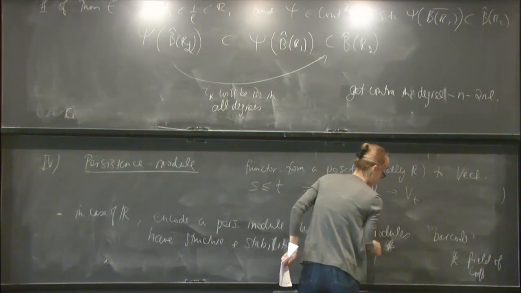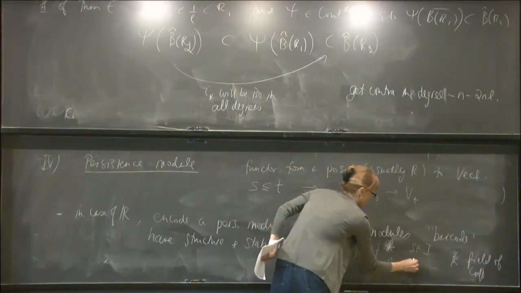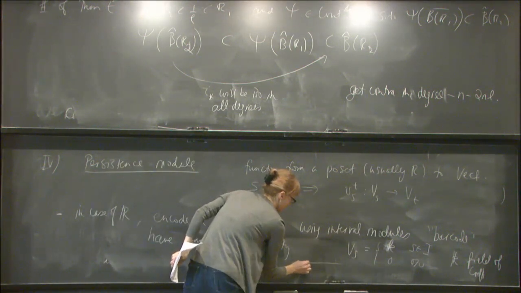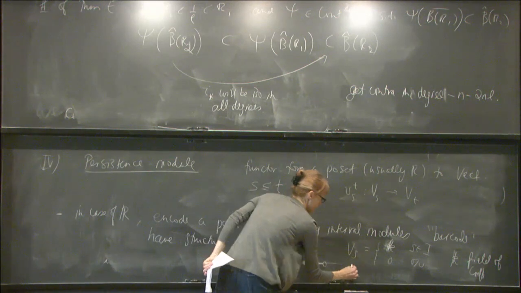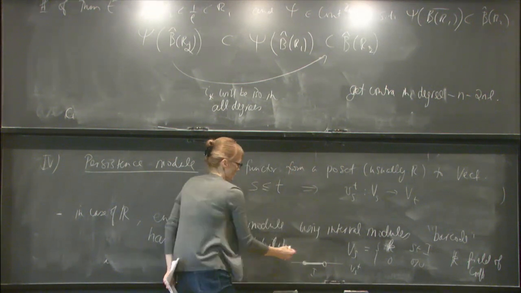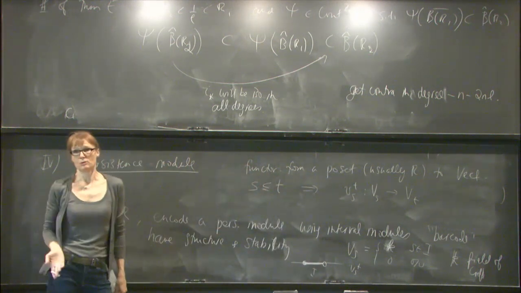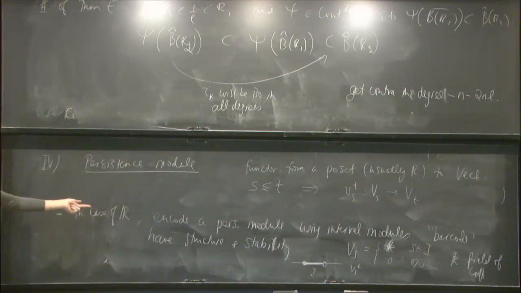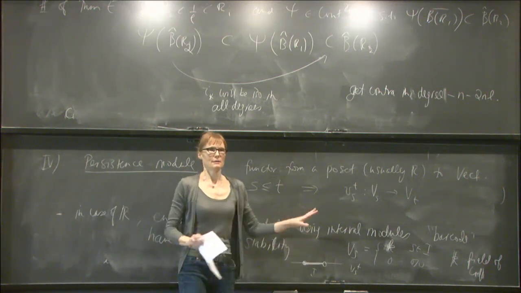You define the vector space to be K when S is in a particular interval and 0 otherwise, and typically this is represented just by drawing the interval. The maps V_ST, which are called persistence maps, will be the identity where the vector spaces are K, and of course 0 where they are 0. You can decompose persistence modules in many cases uniquely into direct sums of interval modules, and that in fact corresponds to the Barannikov complex, etc. Okay.